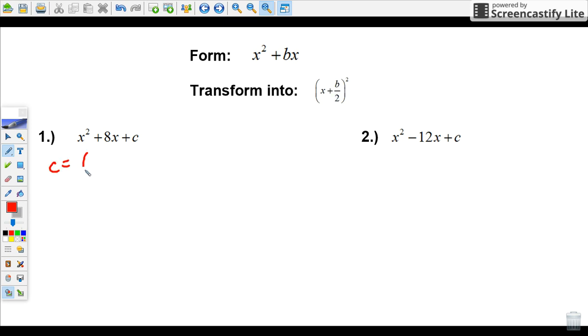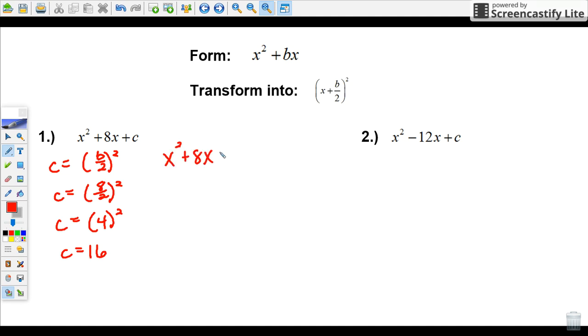So to figure out c, again, b over 2 squared. b in this problem is 8, so 8 over 2 squared. 8 over 2 is 4, so 4 squared is going to be 16. So we're going to add 16 to the expression. Replace c with 16. And now this is a perfect square trinomial. If we were to factor it, it would factor into x plus 4 squared.